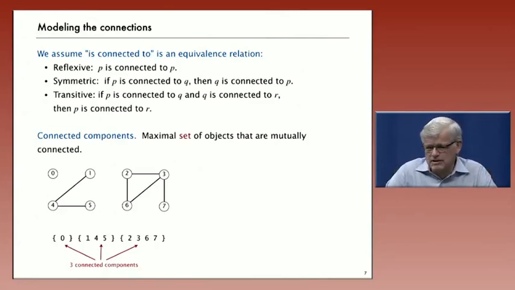And these components have the property that if any 2 objects in them are connected, there's no object outside that's connected to those objects. Our algorithms will gain efficiency by maintaining connected components and using that knowledge to efficiently answer the queries that they're presented with.